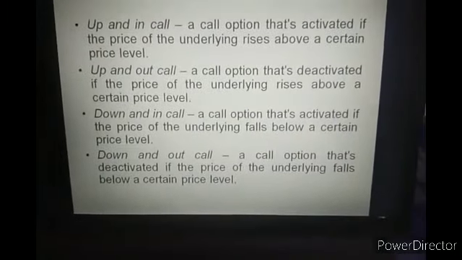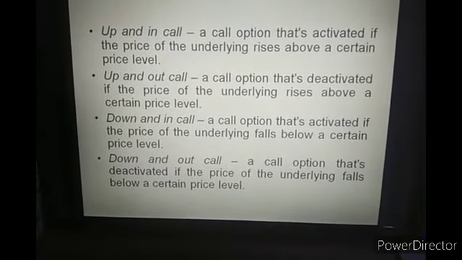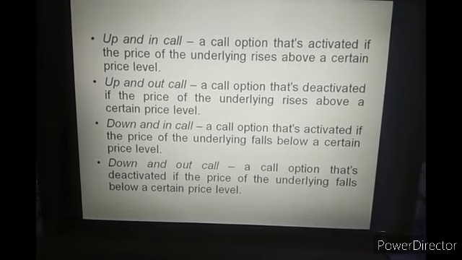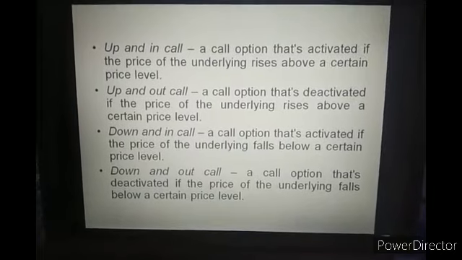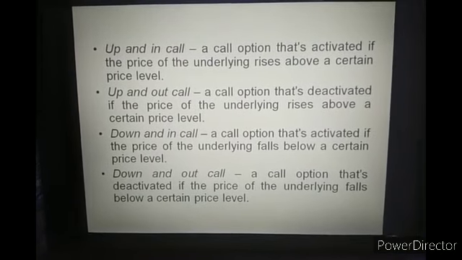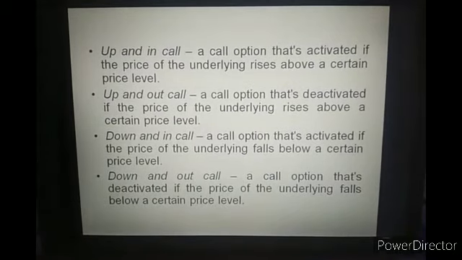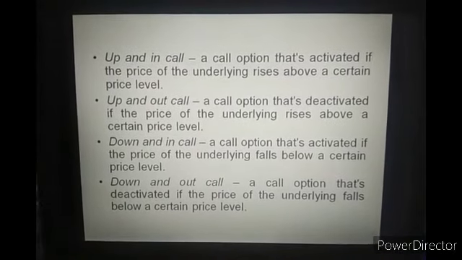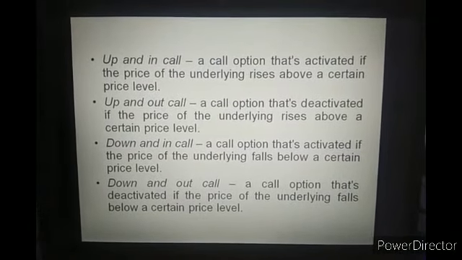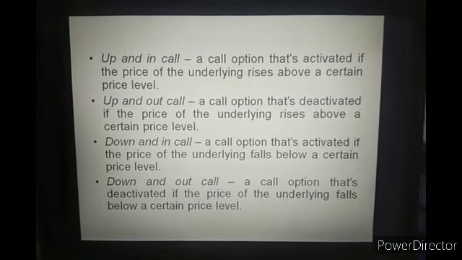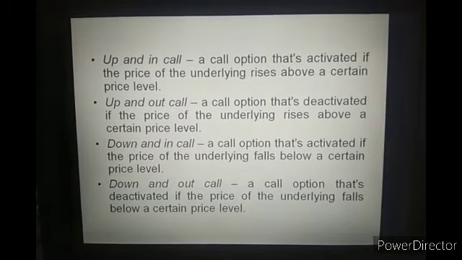If the price reaches above that level, it will be considered a call, otherwise not. Same way, up and out call. For example, you have some level of purchase and you assume that above that price it will be too costly. So suppose the price reaches above that level, then definitely you will be out, meaning you will not enter into buying a call option.